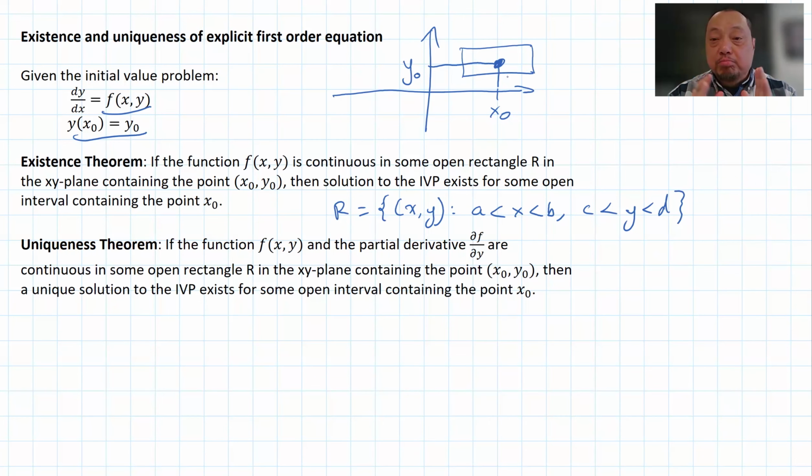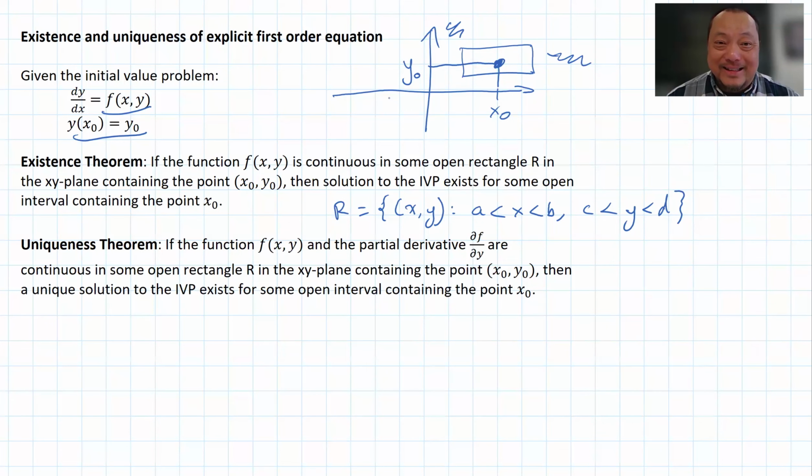So yeah, it's continuous somewhere in there. It may be discontinuous outside of here. It may start being discontinuous out here or up here. But the idea is if we come close enough to the point x naught, y naught, then the f function is going to be nicely continuous near the point x naught, y naught.